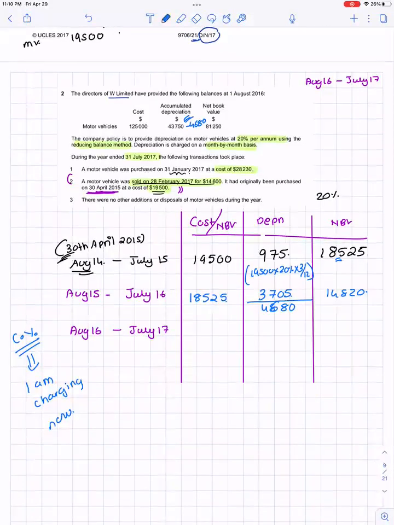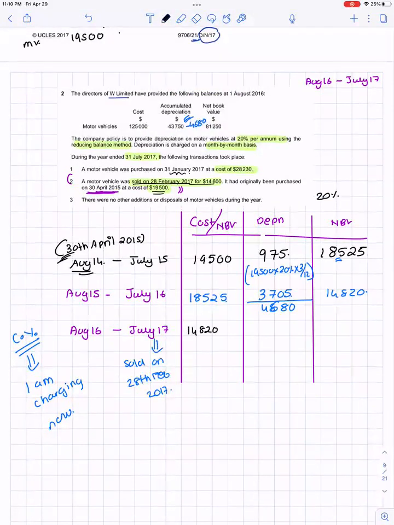Now in the current year, when did I sell it? 7 months. 28th February 2017. So August, September, October, November, December, January and February. 7 months, yes.